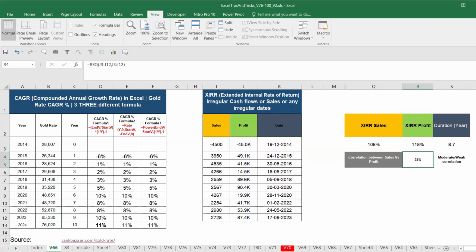Okay, we got that 118 percentage profit in 8.7 years, and 106 percentage. If I press F9, of course the date will change, duration will change, and the profit will change. Like 8 years 76 percentage, 8.7 years 112 percentage, and it goes on and on and on, right? So this is the one.